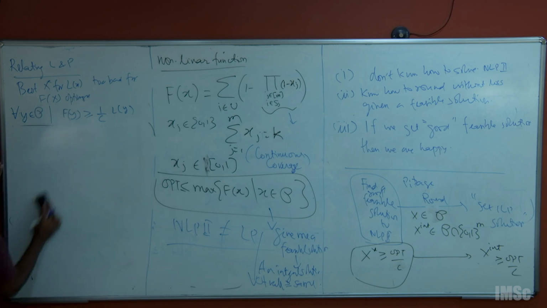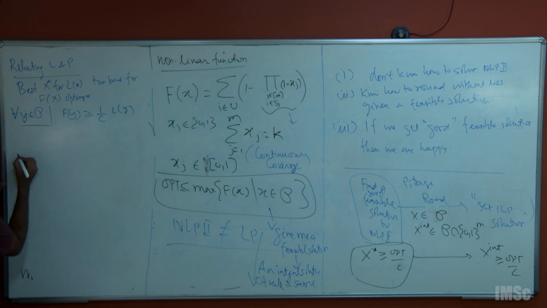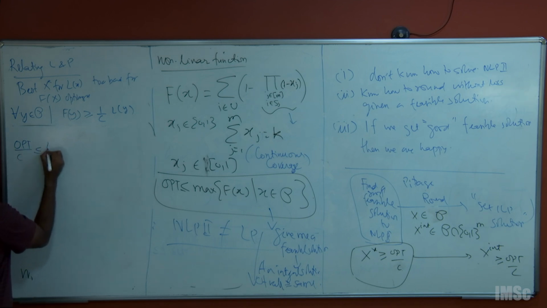I think this is good enough for our purpose. Why? Because notice, what is my opt? Opt by c is less than or equal to L of y by c.